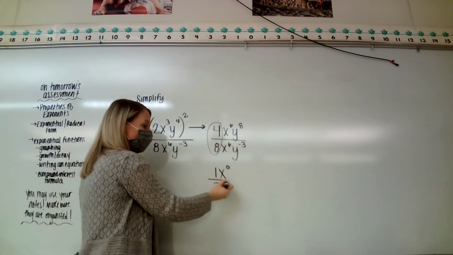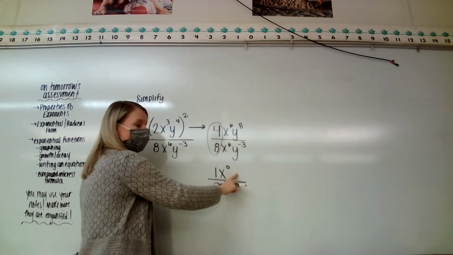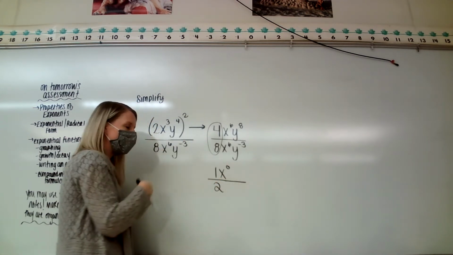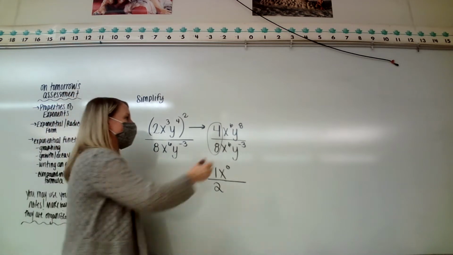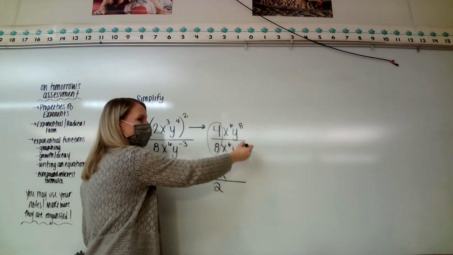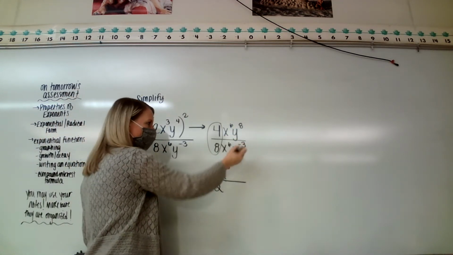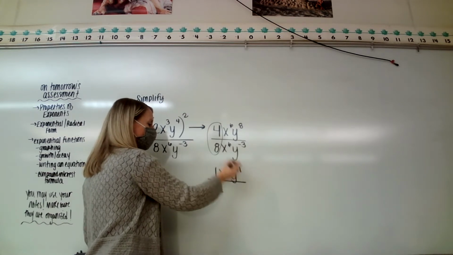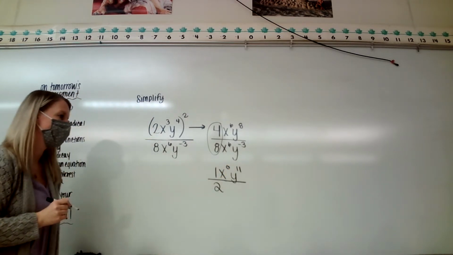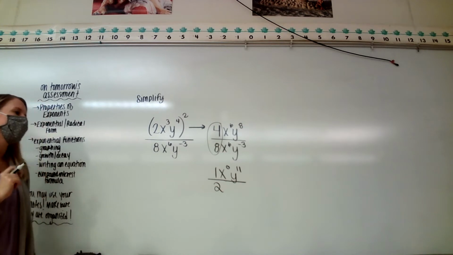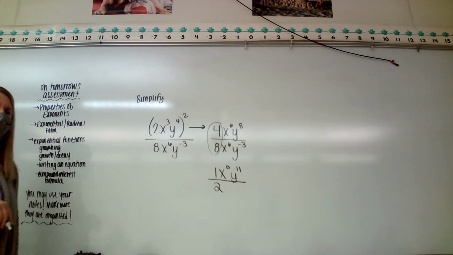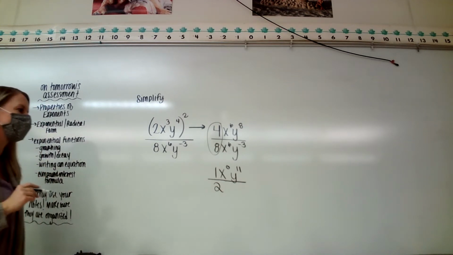When you're doing this, if you have a fraction, you're just going to put all your answers on the top. And then if we have to flip it, we can. Just be careful, because 8 minus negative 3 is y to the 11th. I'm just about done because the last thing I see is I have a 0 exponent. That was one of our first properties we talked about.